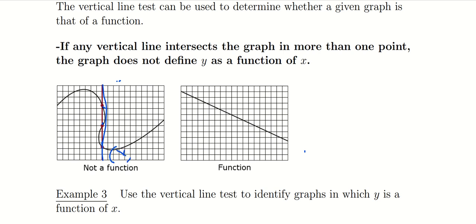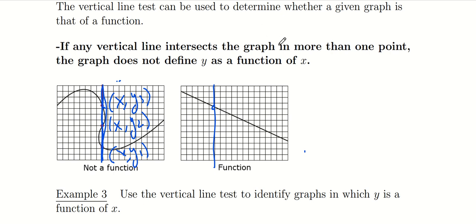So that would be x corresponding to one y value, the same x corresponding to another y value, and then an x corresponding to that last y value. So that one singular x is corresponding to more than one point in the range, and so that would not be a function. On the other hand, if every vertical line intersects the graph at most one point, then that graph would define that of a function.